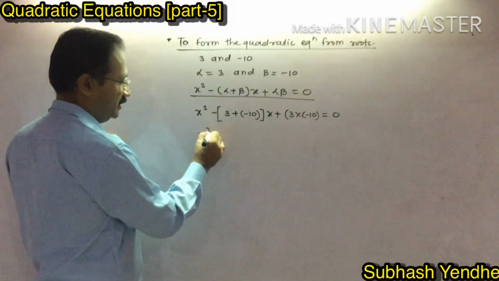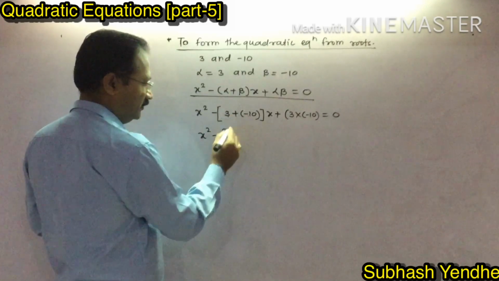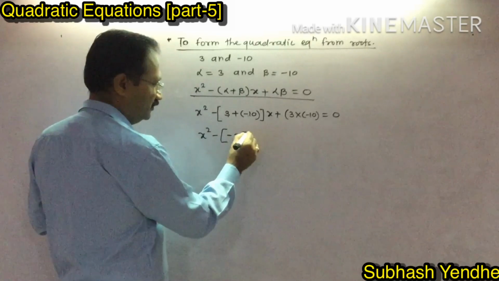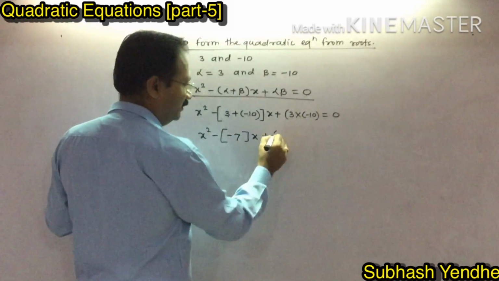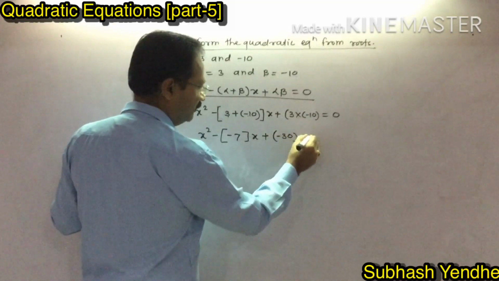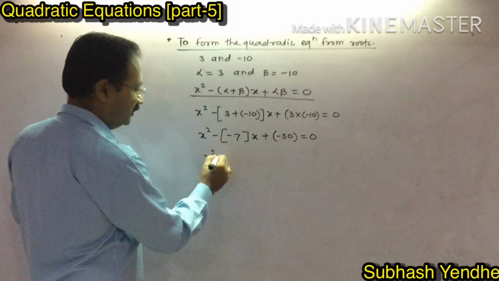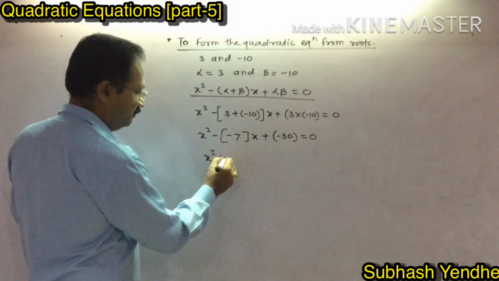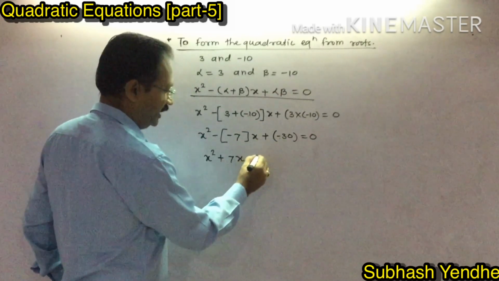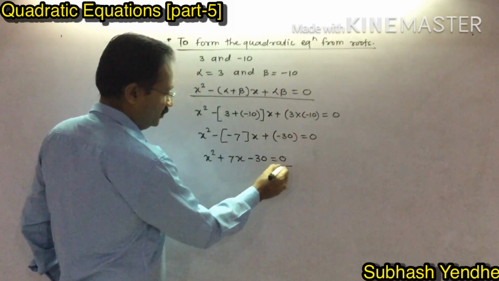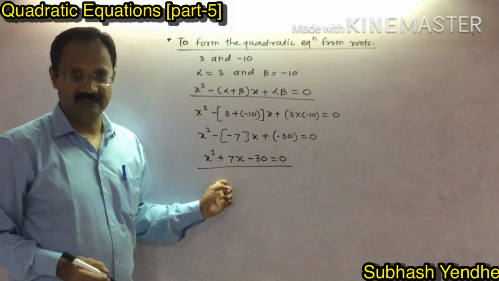So x square minus in the bracket (3 minus 10) will be minus 7x, plus 3 into minus 10 will be minus 30 equals 0. Therefore, x square plus 7x minus 30 equals 0. This is the quadratic equation.